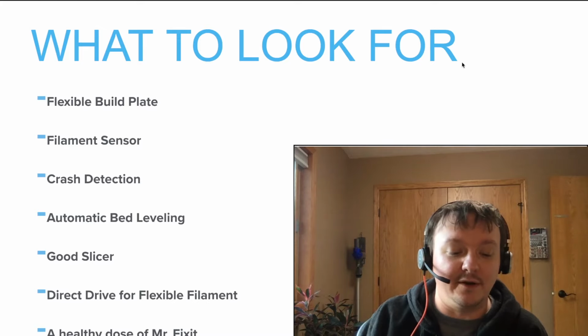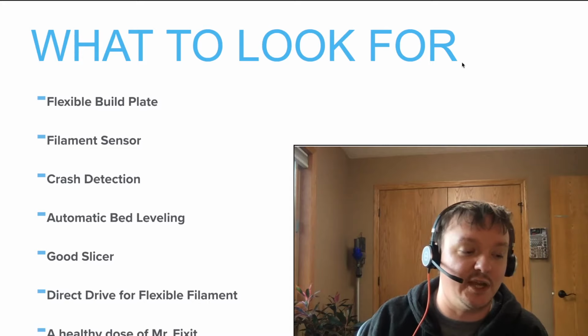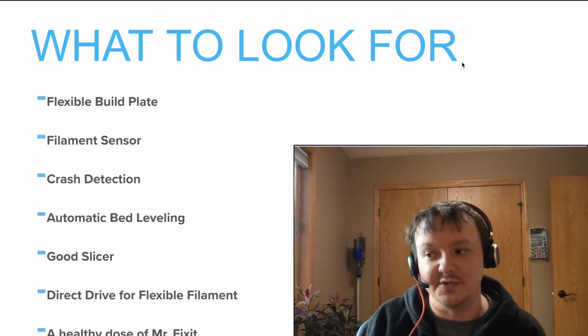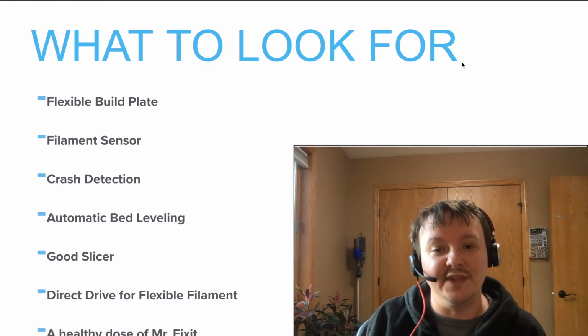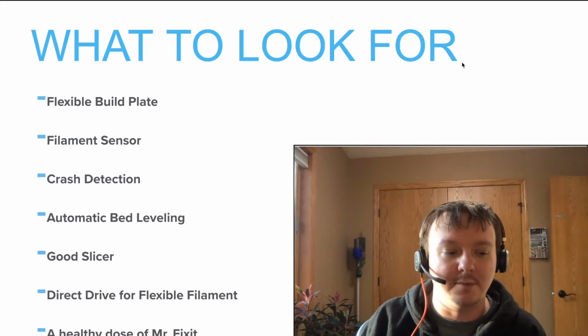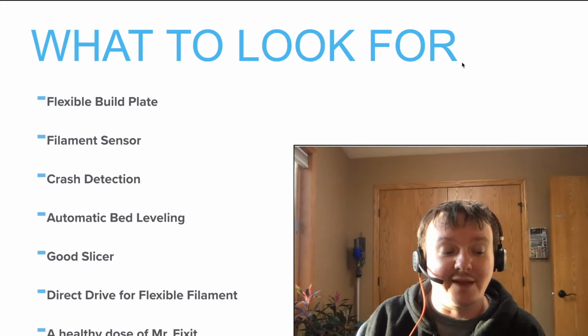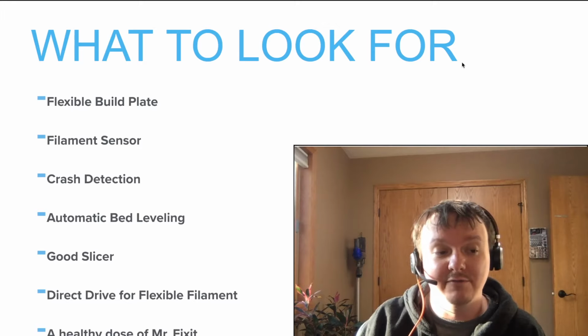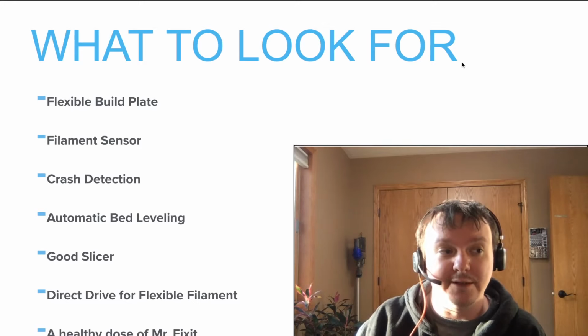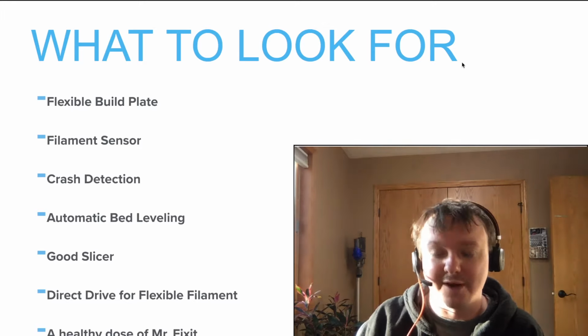They're a little pricier than some of the others, but the technology and the ecosystem is always changing. If you're new to 3D printing, these are the features I would look for. One is a flexible build plate that lets you get the items off of the 3D printer without having to resort to a scraper.